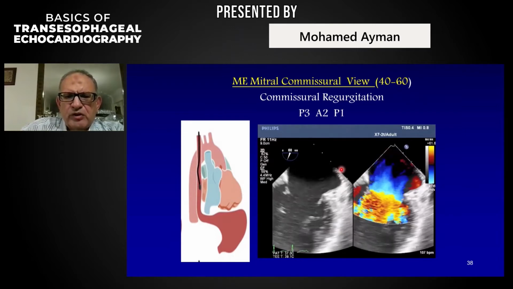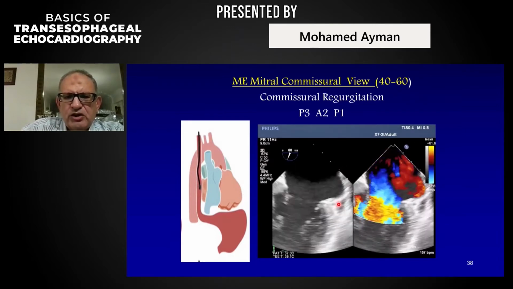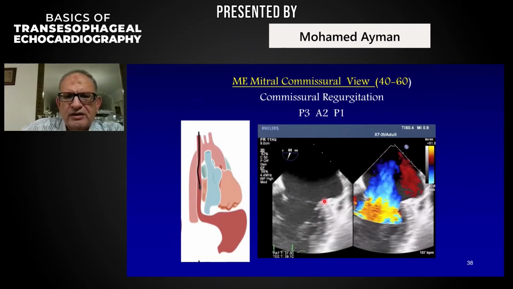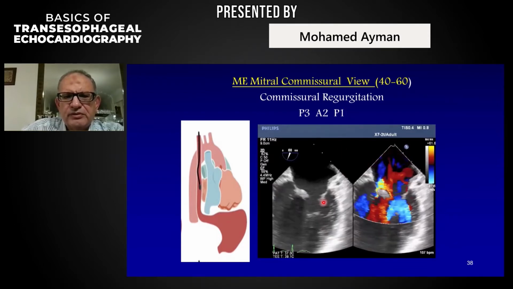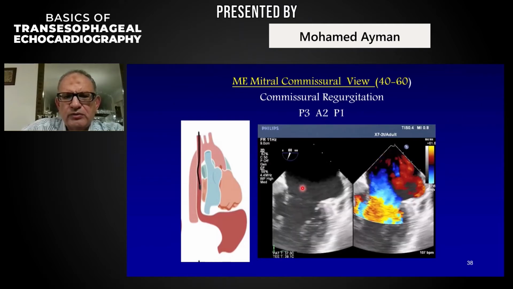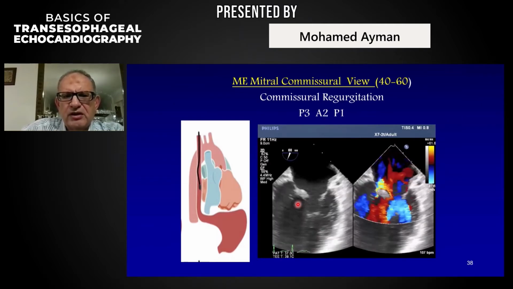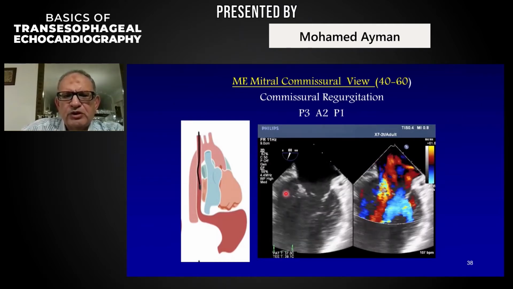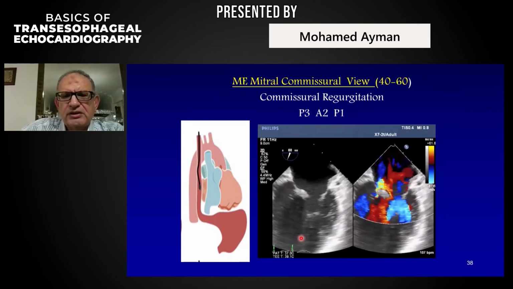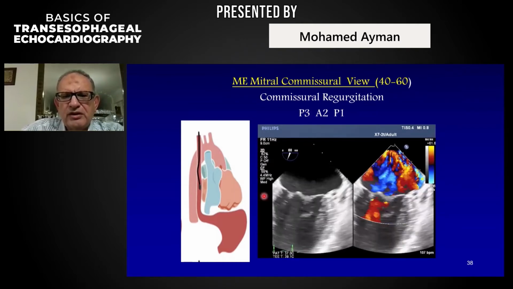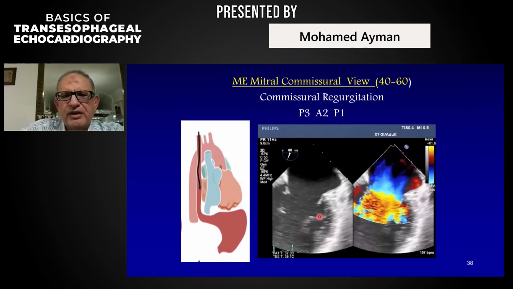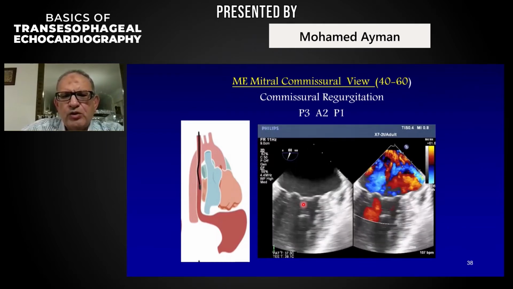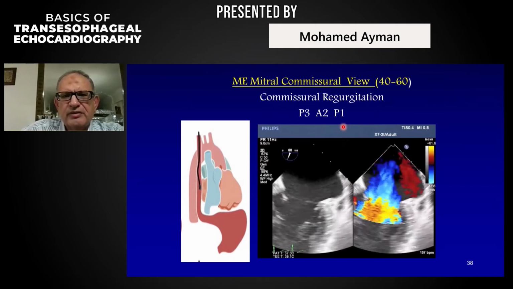The one which is close to the appendage here, we call it P1. This is the first posterior scallop. In the middle is A2, the middle anterior scallop, and the most posterior one is P3. So in the commissural view here, we can identify three scallops of the mitral valve: P1, A2, P3.